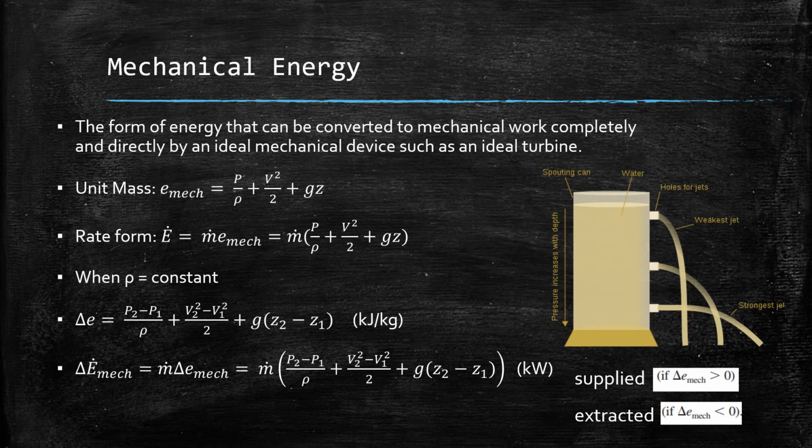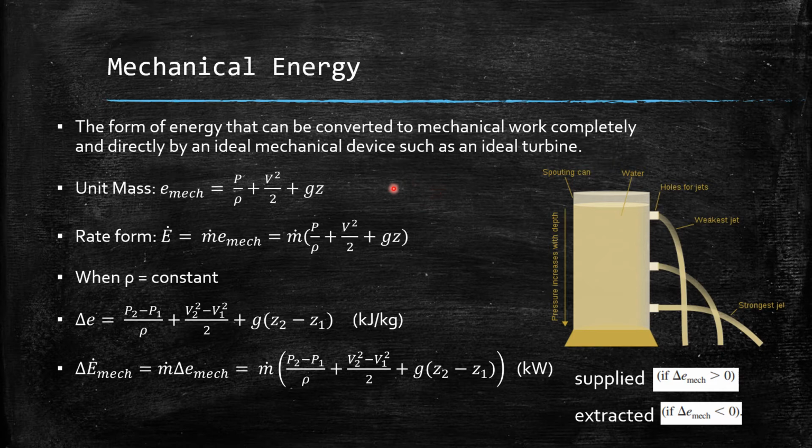Now let's discuss the mechanical energy, the form of energy that can be converted to mechanical work completely and directly by an ideal mechanical device such as an ideal turbine. Many engineering systems are designed to transport a fluid from one location to another at a specified flow rate, velocity, and elevation difference. This system may generate mechanical work in a turbine, or it may consume mechanical work in a pump or fan during this process.